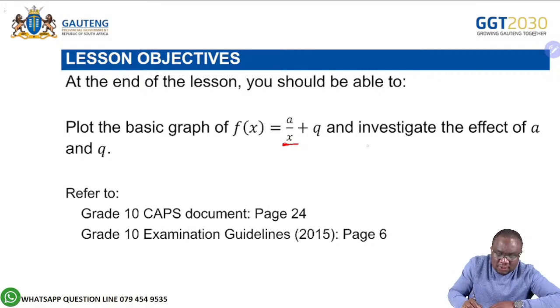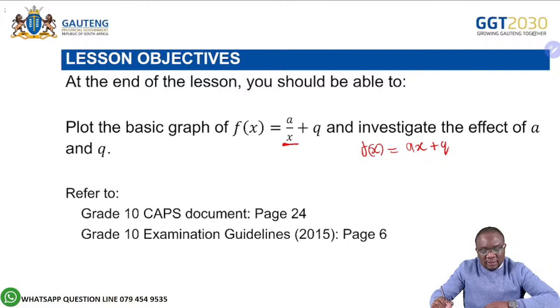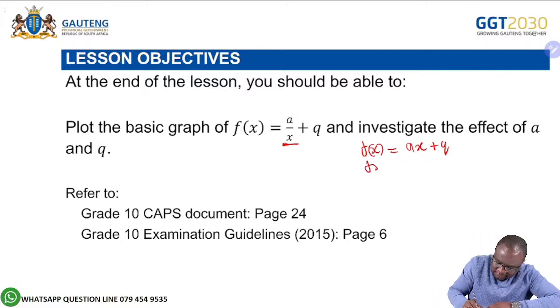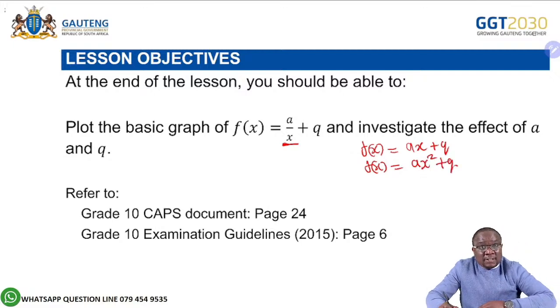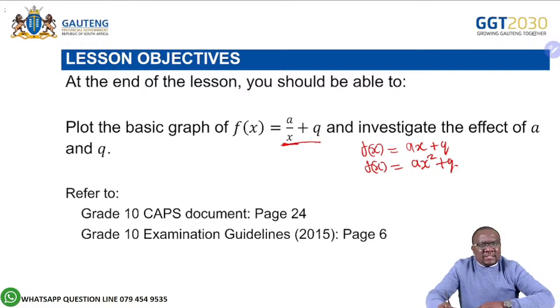We started with f of x equals ax plus q, the linear function, and then f of x equals ax squared plus q, the parabolic function. Today we're doing a over x, where x is the denominator, plus q. We're going to investigate the effect of a and q, just like we did with the previous ones.